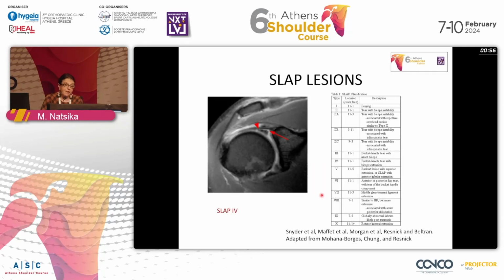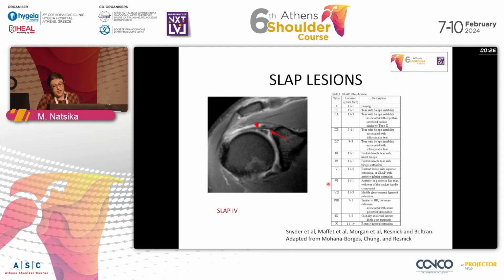Finally, with SLAP lesions, 20 years ago we started to talk about them, and I think Americans got crazy and started numbering all these lesions. And I think the most serious thing is to describe the connections of the tearing of the labrum with the tissues around.